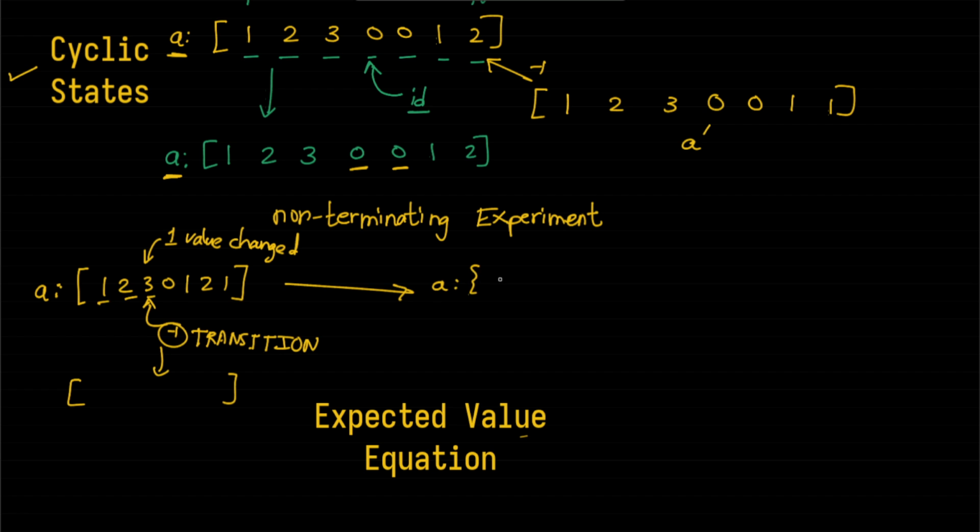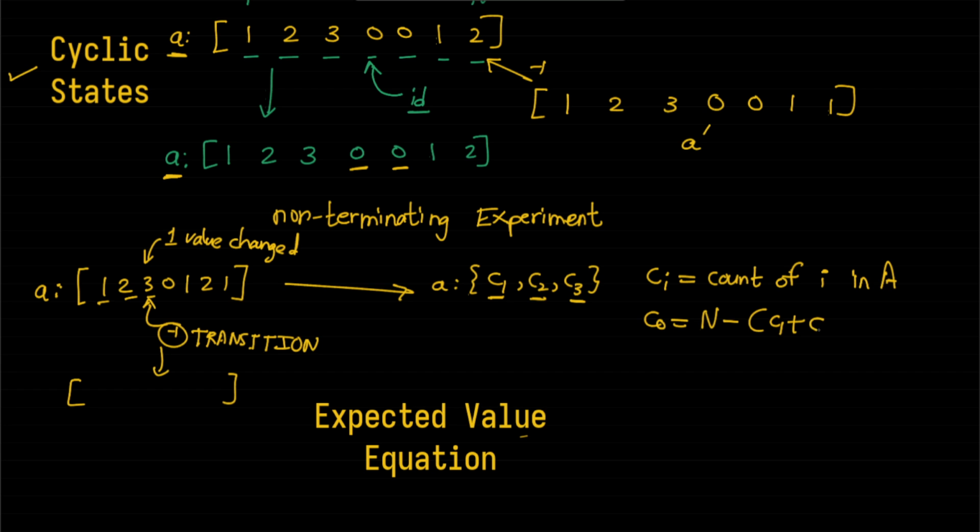So our state would be C1, C2 and C3, where C of I denotes count of I in A. So this is the same as storing only 3 variables, and there could also be some zeros, but C0 can be computed by subtracting the positive elements, which is C1 plus C2 plus C3, from the total elements of the array, and this can be computed on the fly.